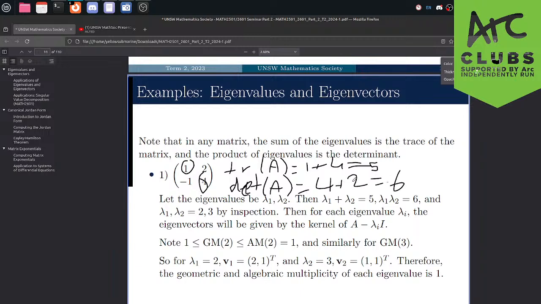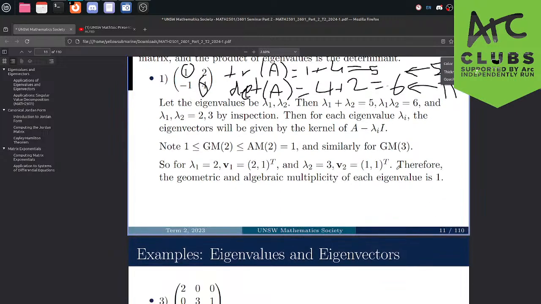So this is your trace and this is your determinant. The eigenvalues sum to the trace. The eigenvalues multiply to the determinant. So we get that over here, so we can inspect and find the eigenvalues.